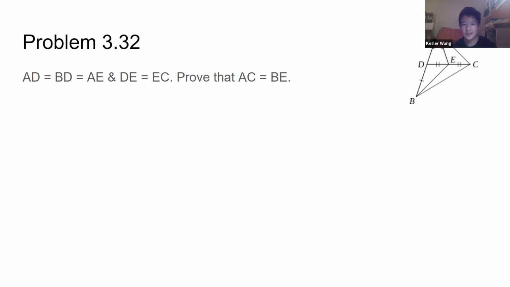To prove this, we basically need to prove that triangles involving these two lines are congruent. Then we can just prove that AC equals BE. I'm just gonna draw.